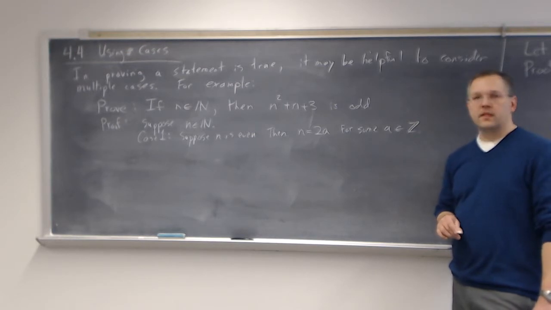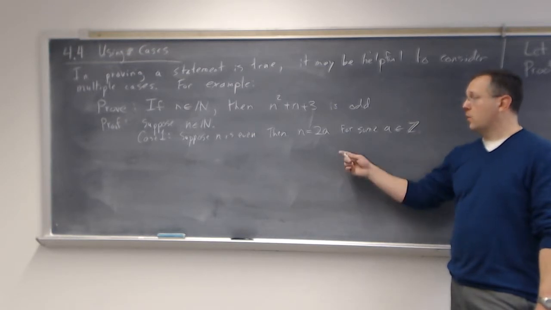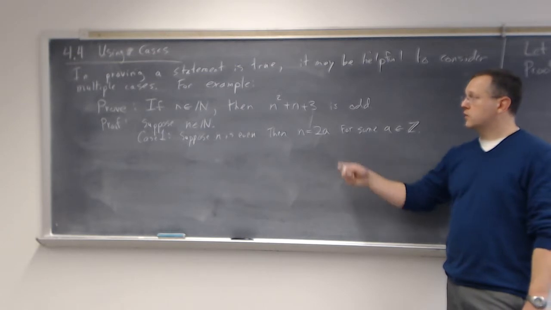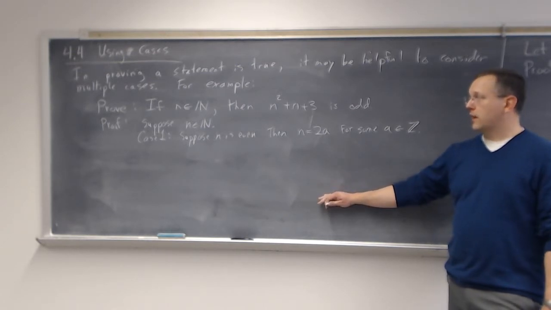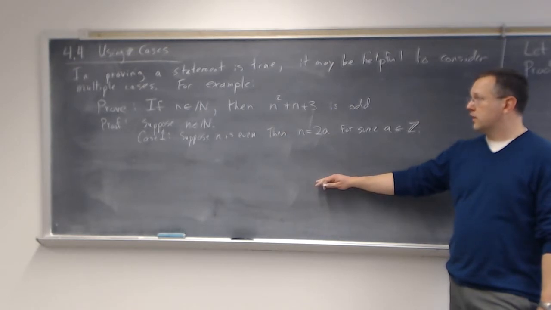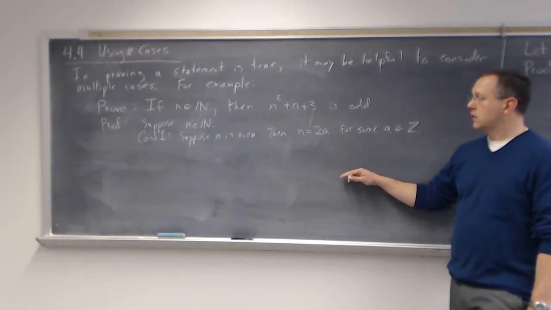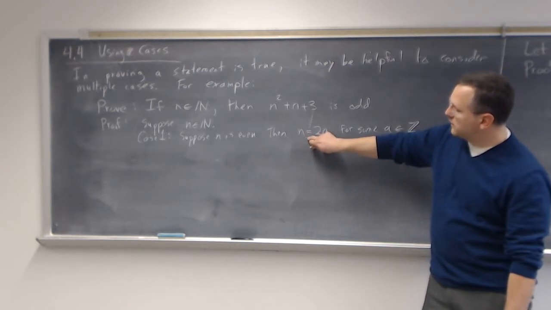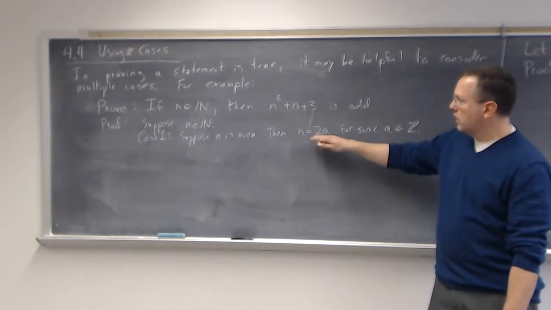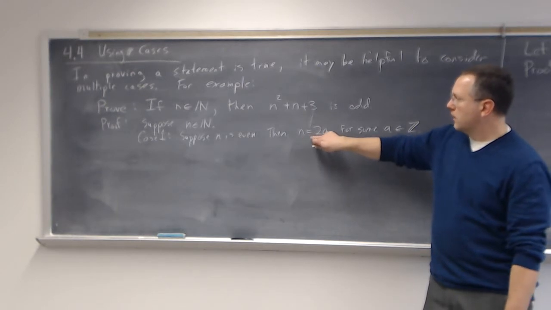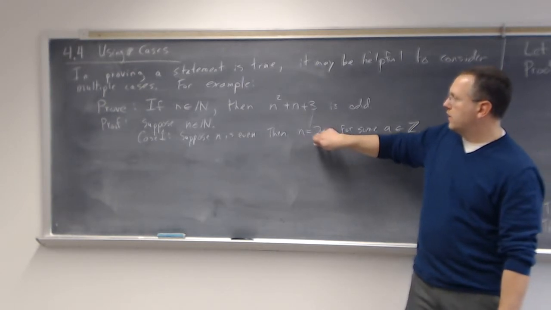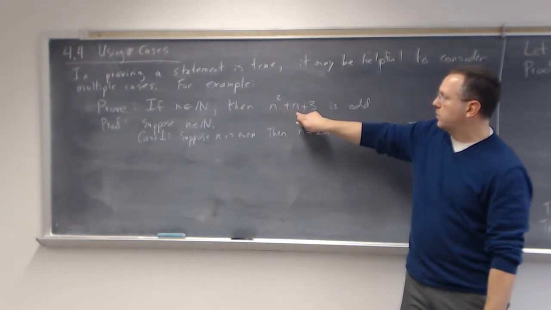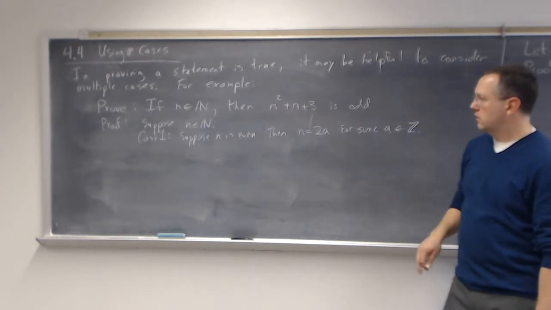Then, think about where we're going. We're trying to show that n squared plus n plus 3 is odd. That would mean that n squared plus n plus 3 looks like 2 times an integer plus 1. So if I start with this equation, I'm going to substitute in 2a in the expression n squared plus n plus 3.